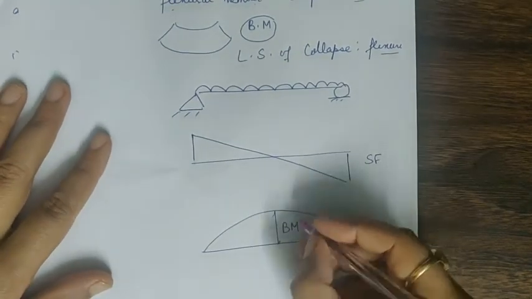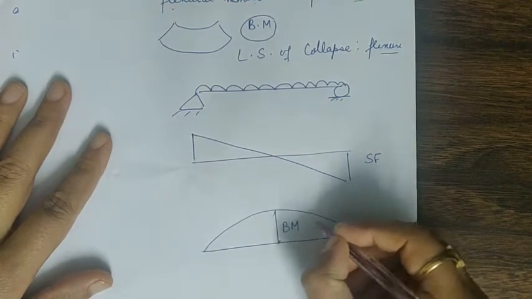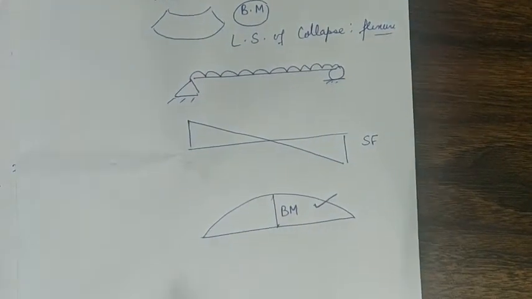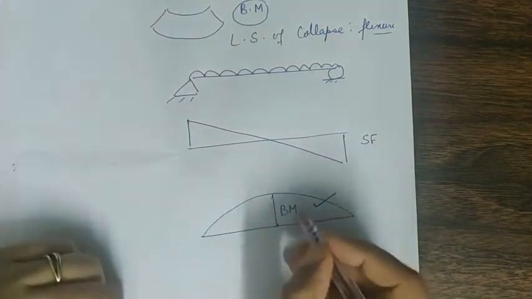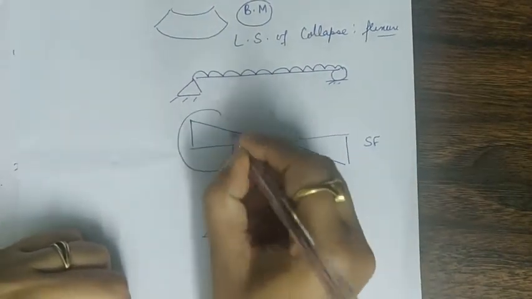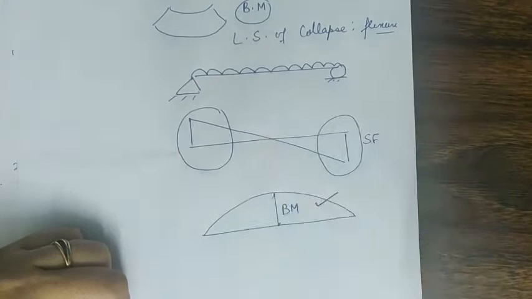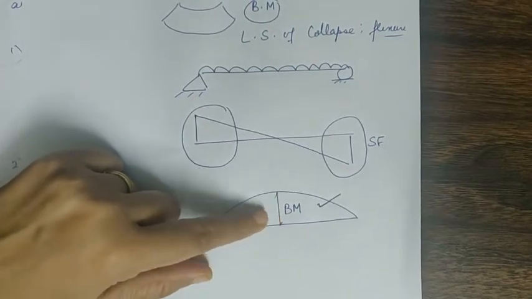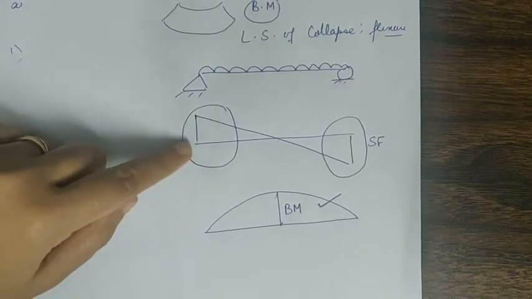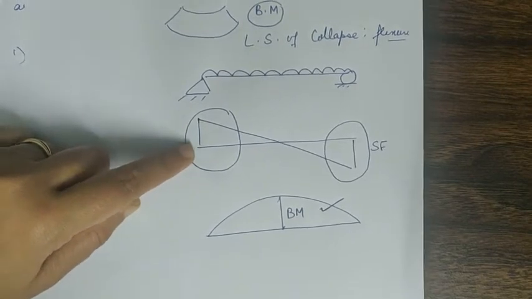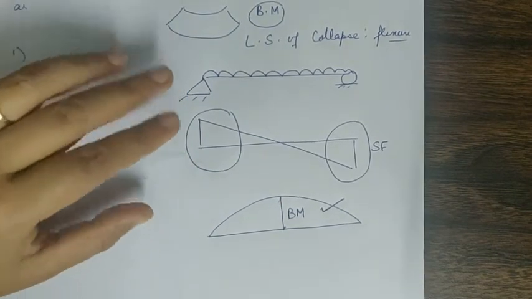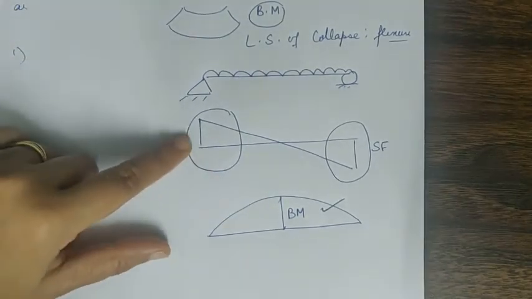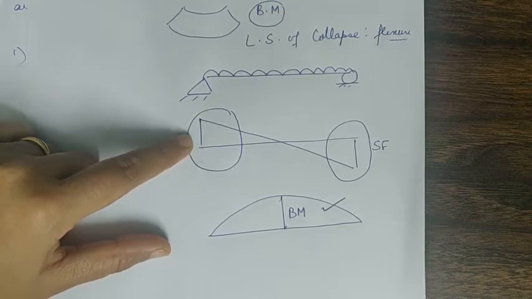Now we have seen that we are designing the system considering that there is only bending moment, but along with bending moment, what is happening near the supports, we are having shear. So we might design the system for bending moment, but it can happen that the system fails due to shear. So for the design of a flexural member, we cannot simply rely on bending moment, we will have to consider shear also.